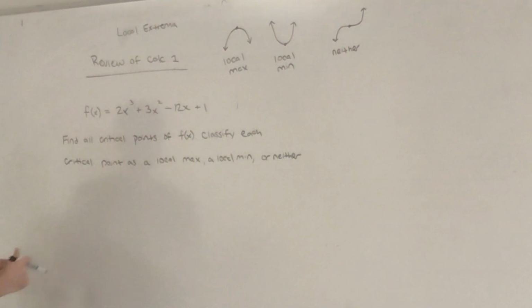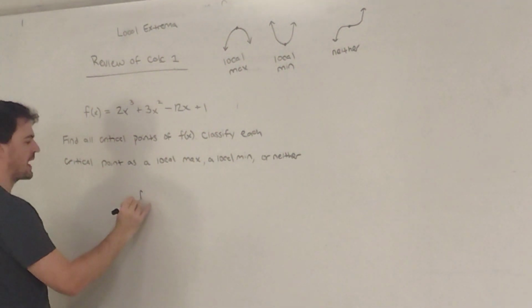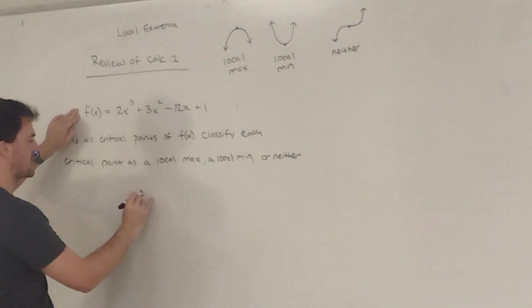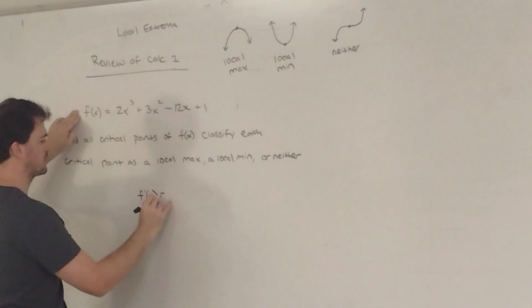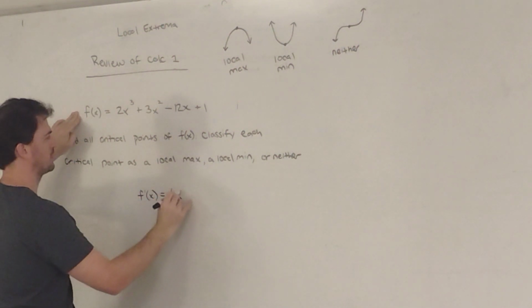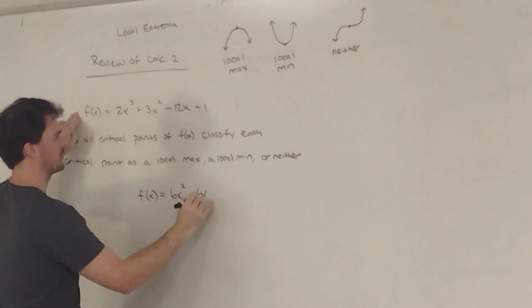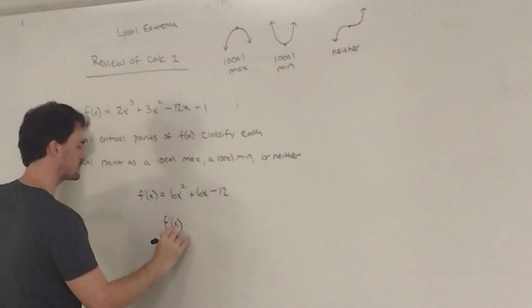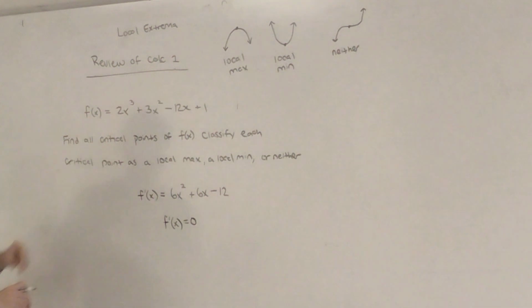So for Calc 1, if we wanted to find critical numbers, that is where the first derivative equals 0. So start off, just take the derivative of f of x. And we want to find the values of x that make that first derivative equal to 0.